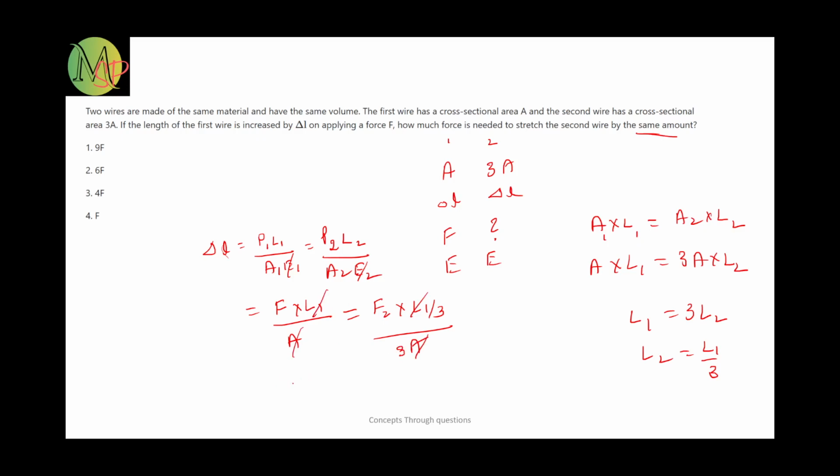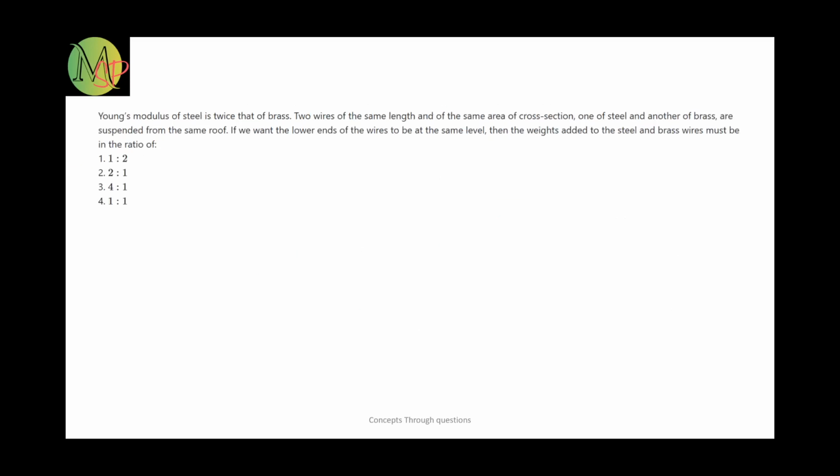So F2 will be equal to, this 3 in the denominator goes up, it is a 9 in the numerator. So it is 9F. So the force in this second material is equal to 9F. F means it is F1. So 9F. So this is the answer. Clear? Okay. Next.